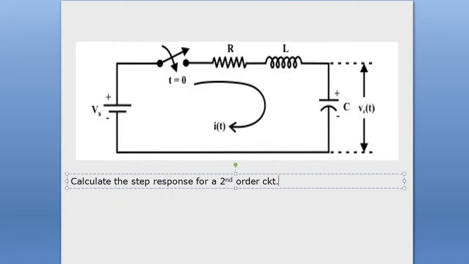Now you consider this input. The input is just a unit step input. You cancel this input. The unit step is itself a DC input, but you consider a DC circuit.